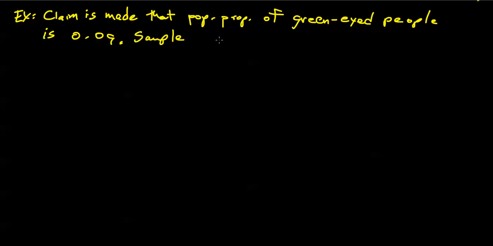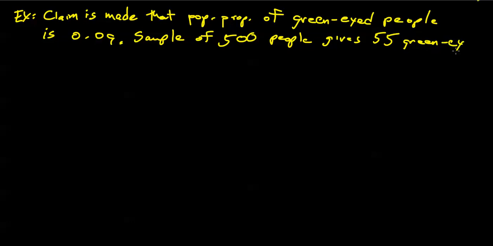Alright, so we're going to put that claim to the test. So we're going to do that with a sample and consider a sample proportion. A sample of 500 people gives 55 with green eyes. Okay? Well, that means my sample proportion of green-eyed people is 55 over 500, which is 0.11.